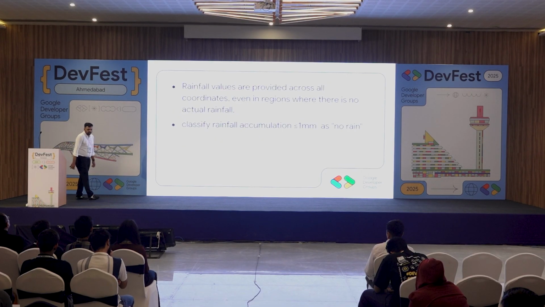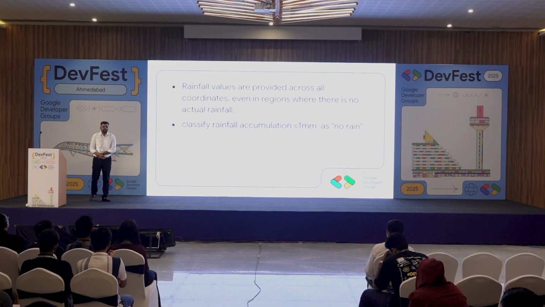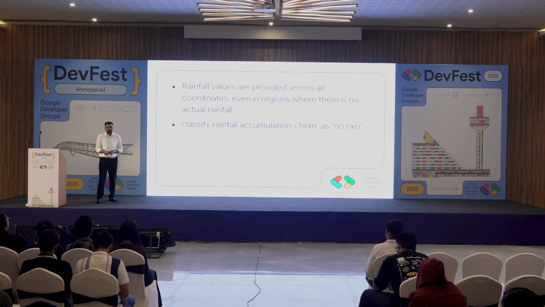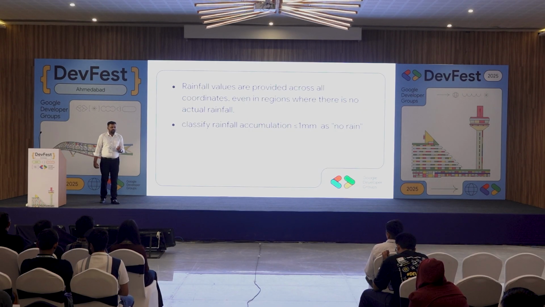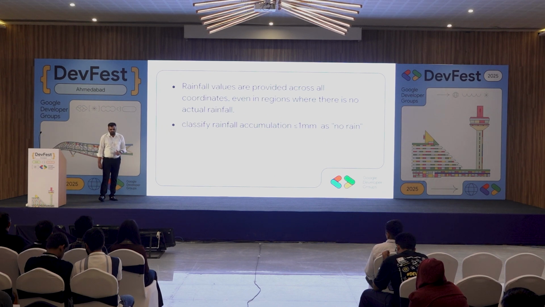Next, we talk about rainfall values, which is precipitation. We are using the WeatherNet graph data, which is a prediction or forecast generated using models. It may have some minor values like 0.001 millimeter of rain.